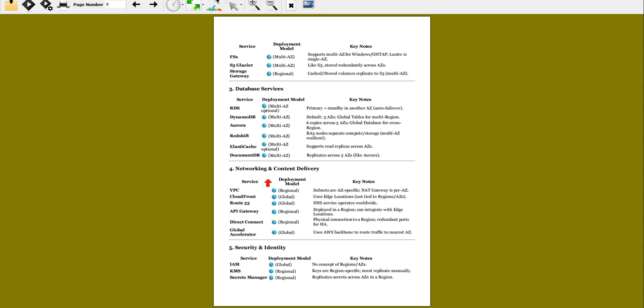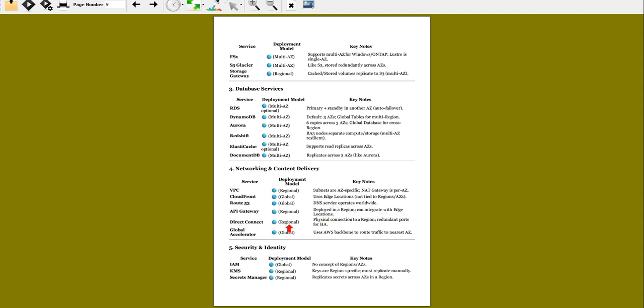Okay. Now network and content delivery. The VPC is regional; subnets are availability zone specific; NAT gateway is per availability zone, right? CloudFront is global and Route 53 is a global service. API Gateway is regional, deployed in a region, and can integrate with edge locations.